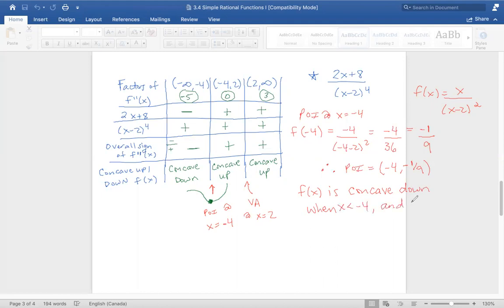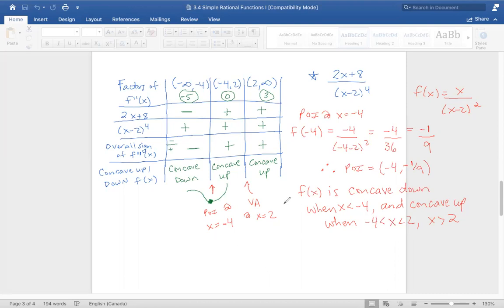And it's concave up in this interval and in this interval, but I do have a vertical asymptote, so I probably want to list those two separately, right? So that I'm concave up when x is between -4 and 2, and when x is greater than 2, because at that exact value of 2, I have a vertical asymptote.